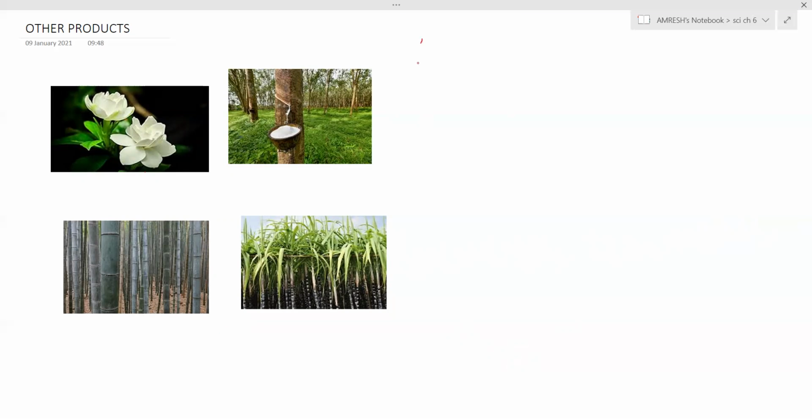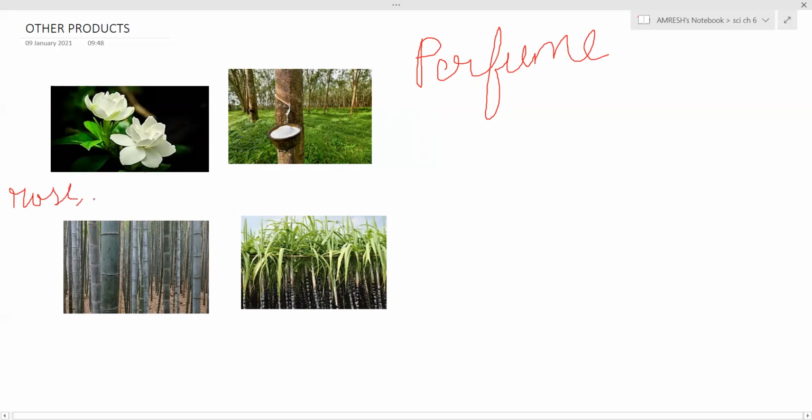So other plant products you can write as perfume, from the perfume plant. I have given a photo of jasmine here, but you can write rose. Rose is also a perfume-based plant.